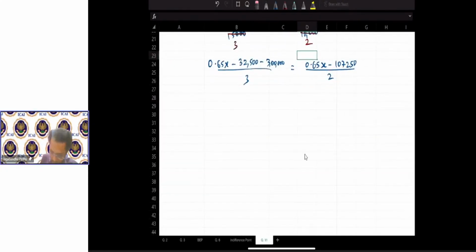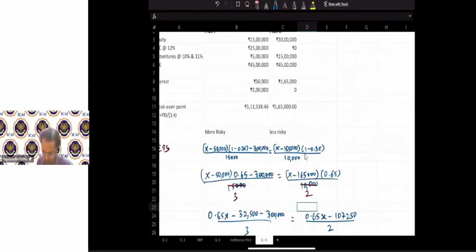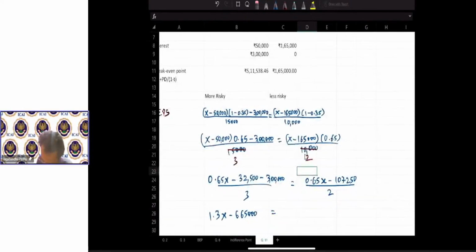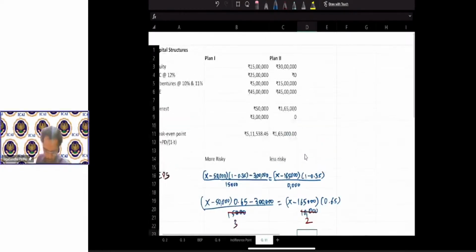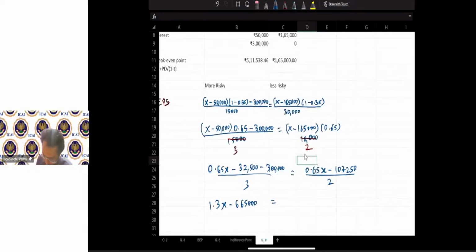When you do the cross multiplication, we get 1.3X minus... Some problem, I think it's my bad, guys, because the number of shares should be 30,000.